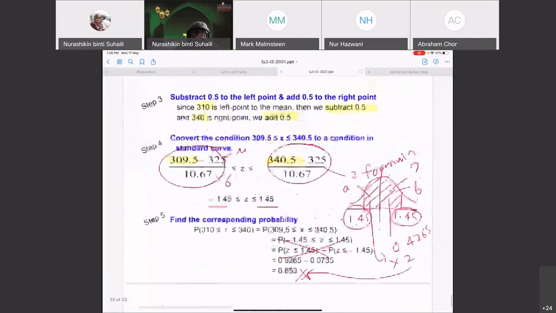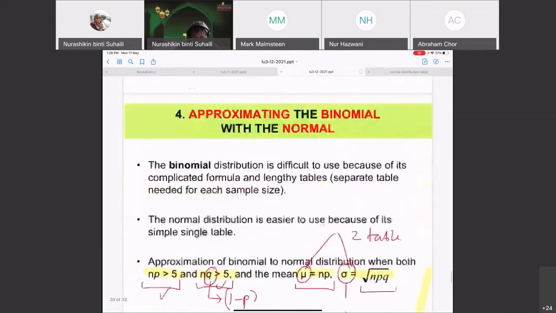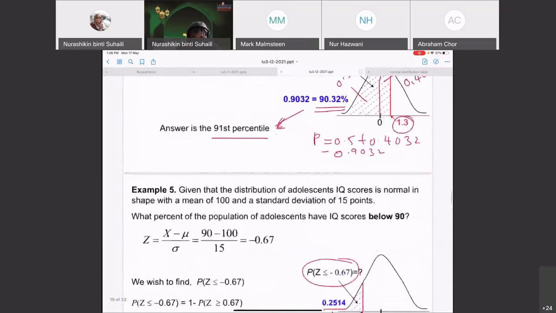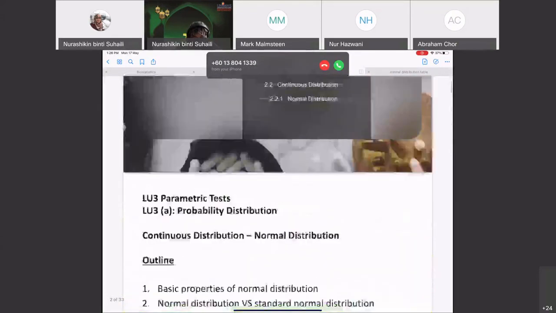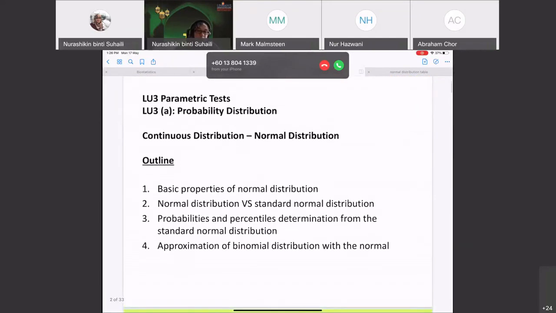Okay, I think that's it. Any question here? So basically, in this second lecture, we cover normal distribution. We talk about the properties of normal distribution, and then we move to standard normal distribution. Standard means when the peak value is 0, and this refers to the table.